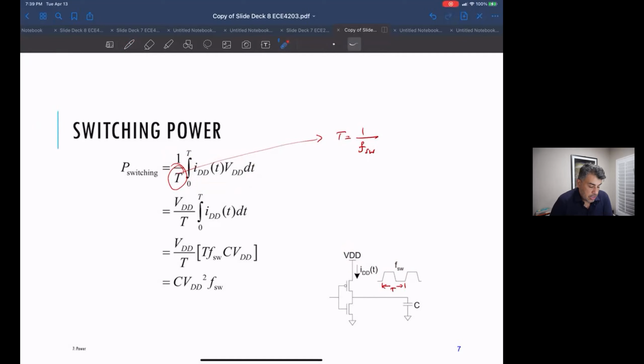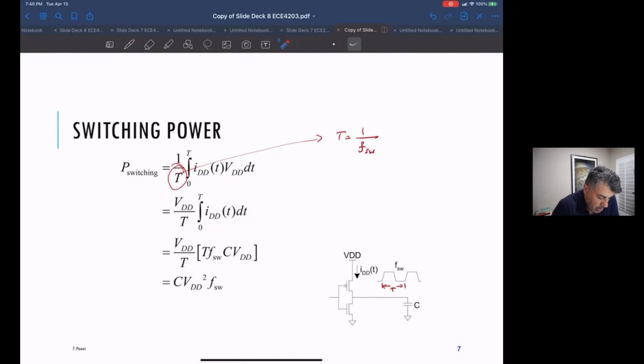So this is what your battery or your power supply has to supply. We go over this period, calculating the power. VDD is constant, so it pops out, and we get the instantaneous current.